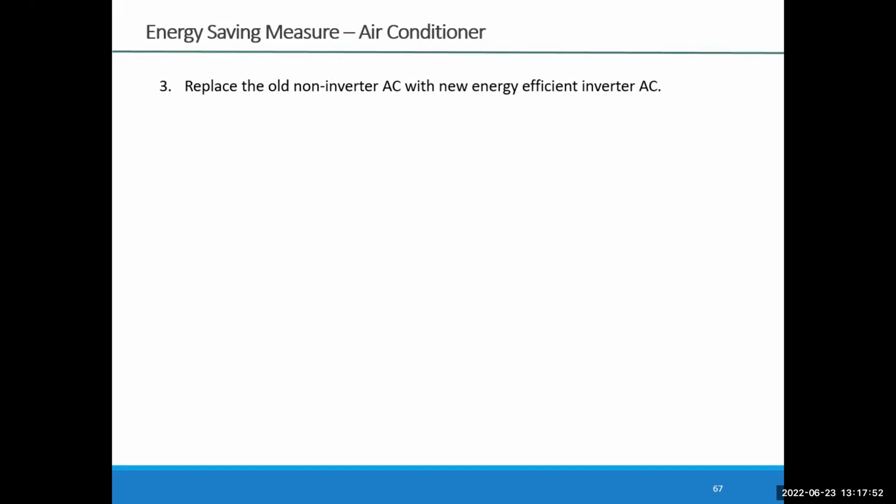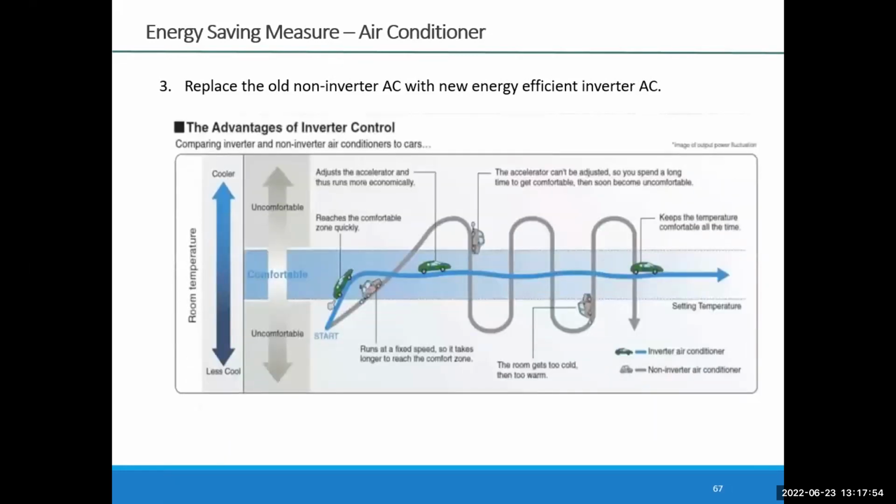Based on the operation, like how Elspeth explained previously, a non-inverter AC unit takes a lot of energy to switch on and switch off multiple times, so the cumulative energy is increasing.